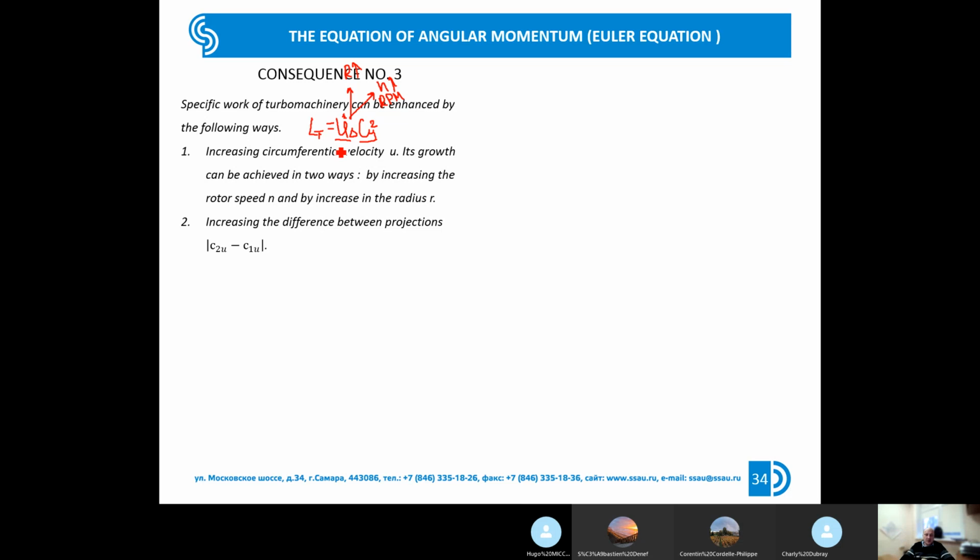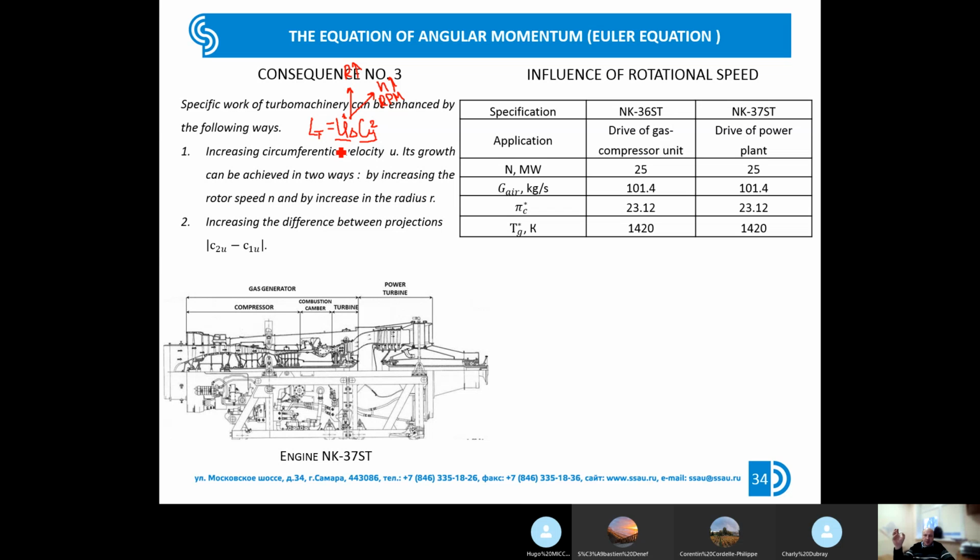One of them is that the engines which we will discuss are produced by the Kuznetsov company, which is located in Samara. It's our local example, but you will see that it's a very interesting example.